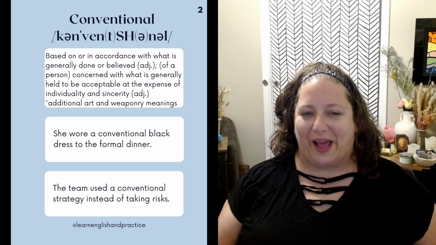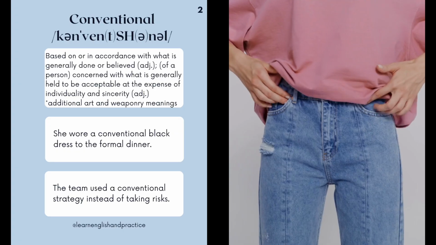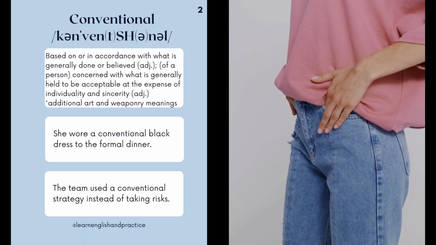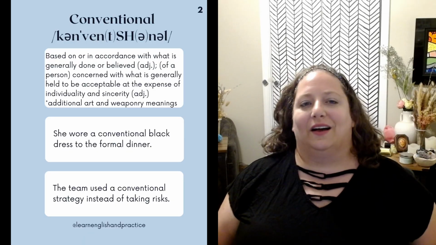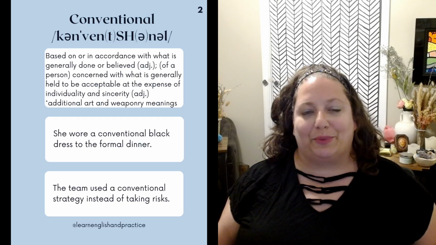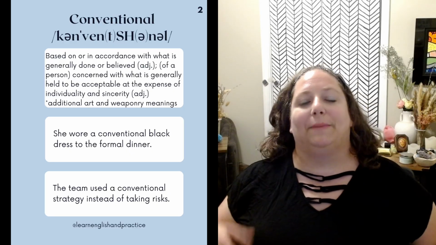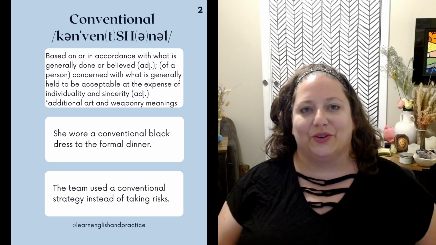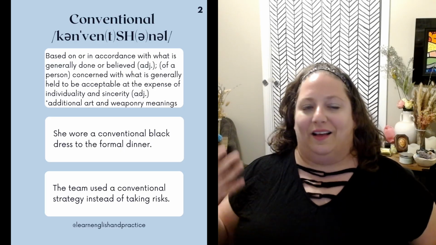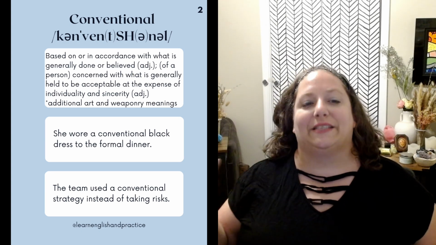So the conventional way that a lot of mainstream Americans tend to dress involves t-shirts and jeans, a lot of denim, a lot of khaki shorts, clothes that are relatively simple and don't go against the trends. But someone who's unconventional might decide to dress in goth attire or wear something that is very different.